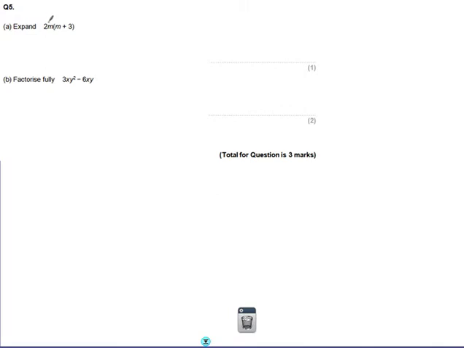Question 5, expand. So 2m times m is 2m squared, and 2m times 3 is plus 6m. Factorize fully. Biggest number that goes into 3 and 6 is 3. We have x, the common factor, and y, for y squared and y, is also a common factor.